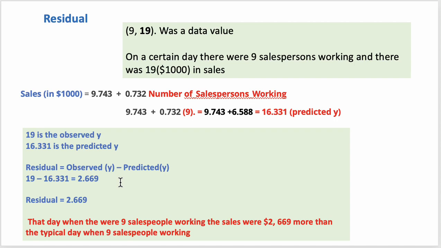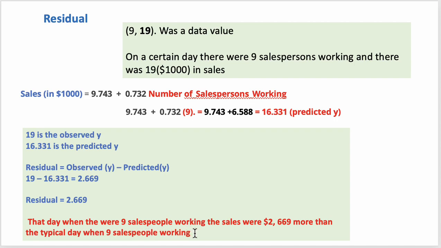It's above the prediction line. Now let's put that 2.669 into clear English. On a day when there were 9 salespeople working, the sales were, and I'm converting this into thousands by multiplying this number by 1,000, on that particular day, when there were 9 salespersons working, sales were $2,669 more than the typical day when you would have 9 salespersons working.